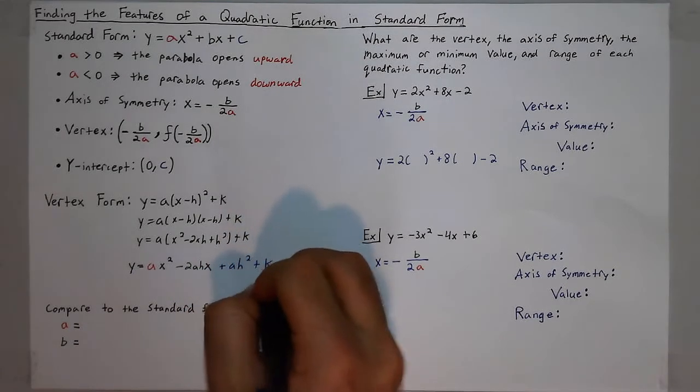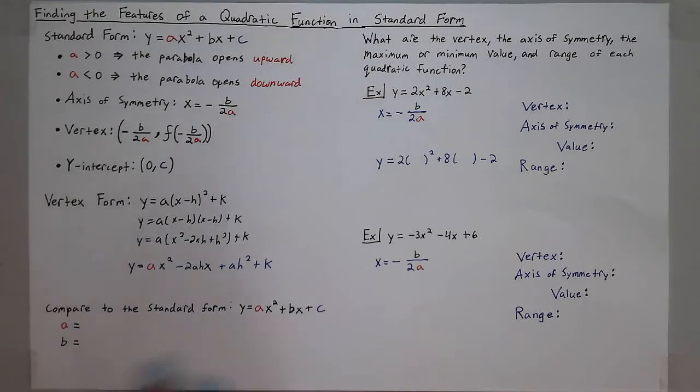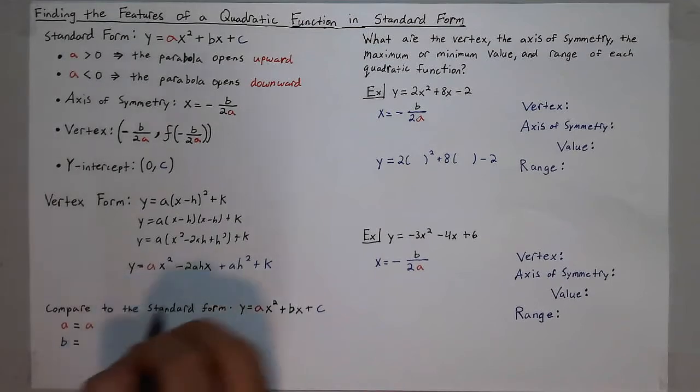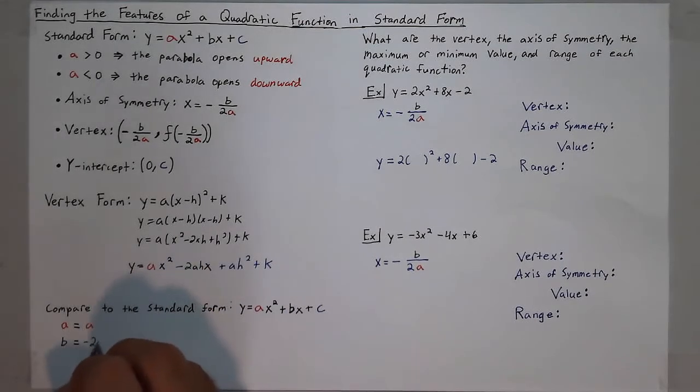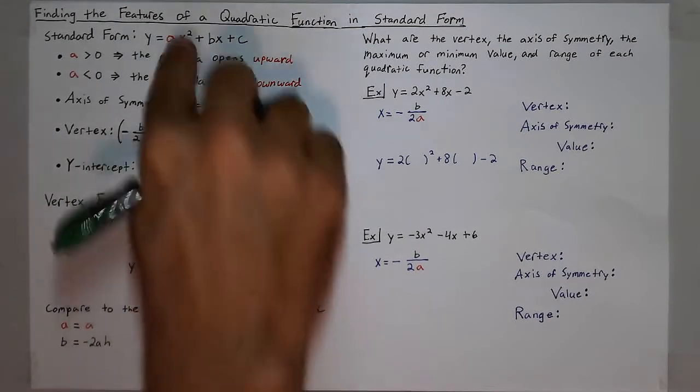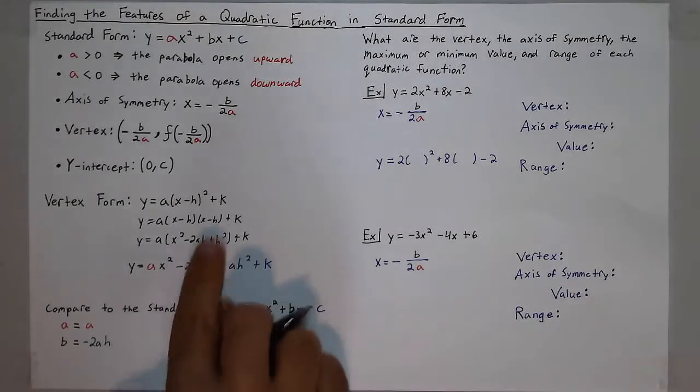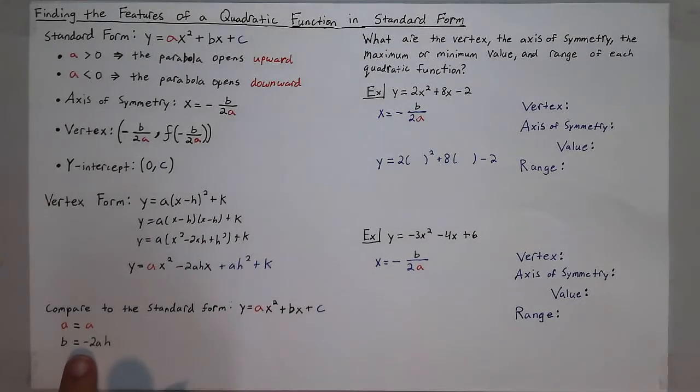You may be wondering why I'm coloring them this way. You can see that this a is actually equal to the same a as in standard form, but the b here is going to be equal to negative 2ah when comparing it to that standard form I have up there. So after expanding it, I learned that b is equal to negative 2ah.